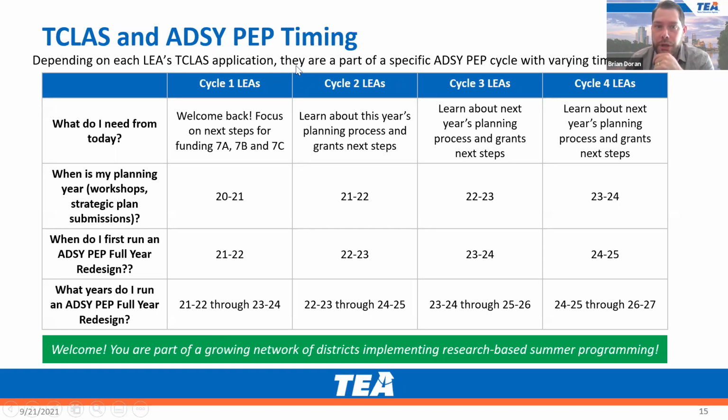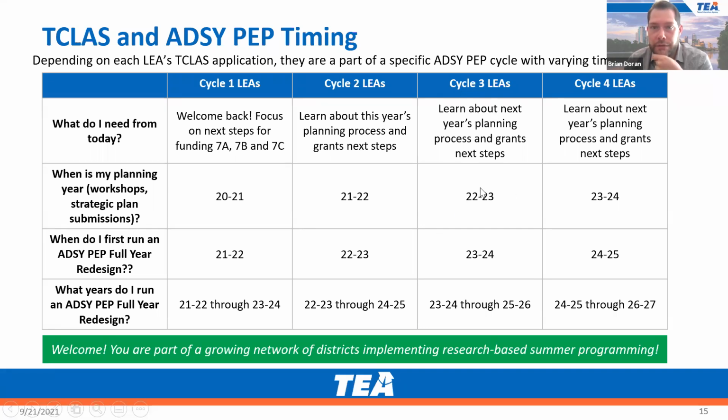Cycle 1 are districts who have already completed the planning process in the previous year, and they are currently in year 1 of implementation. Cycle 2 are folks who are starting the planning process this year, this 21-22 school year, and the goal will be to implement the Adzy Pep full year redesign in 22-23. Cycle 3, we're pushing that back 1 year.